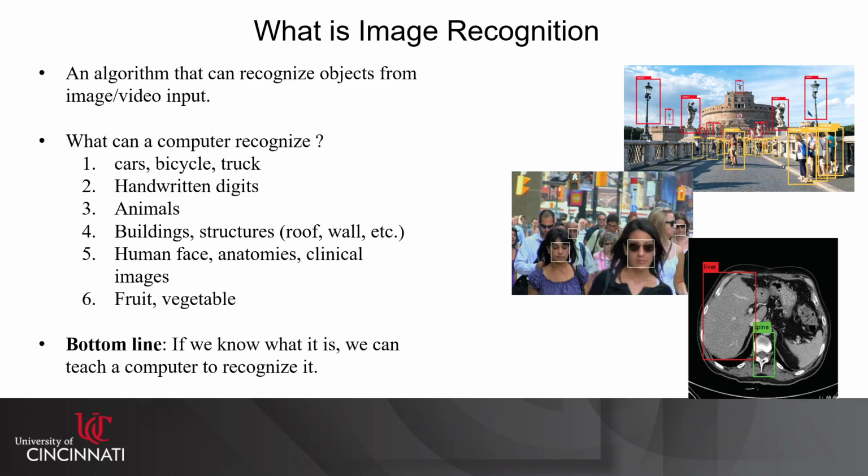On the bottom, there's a CT scan picture, and this is a medical model recognizing the liver and spine from a CT image. So basically, it's pretty straightforward, as the name suggests. Image recognition is essentially using computer algorithms to recognize features or items that we want from an image.